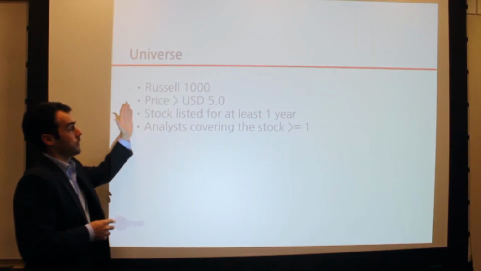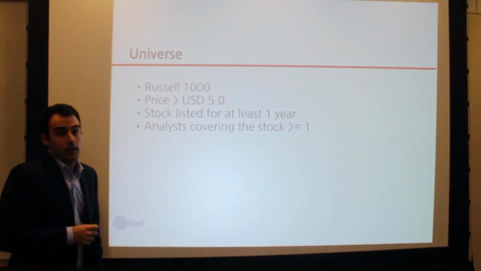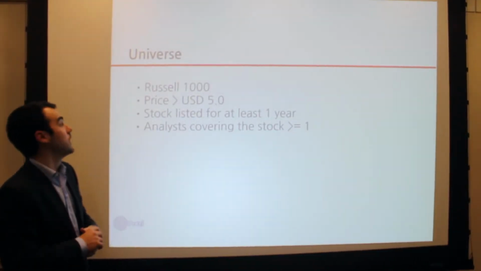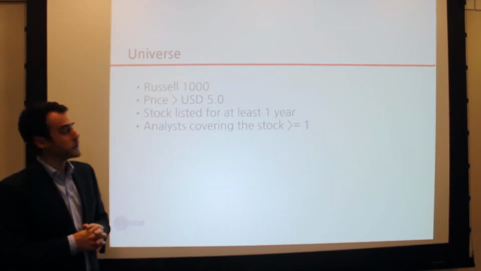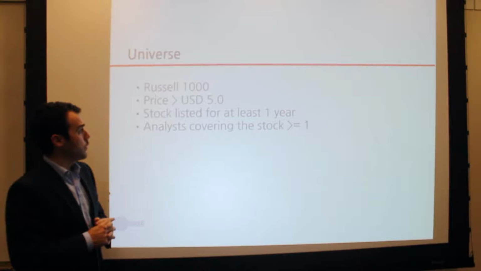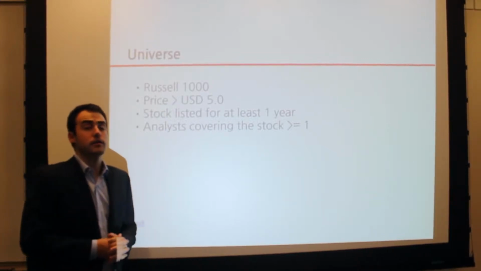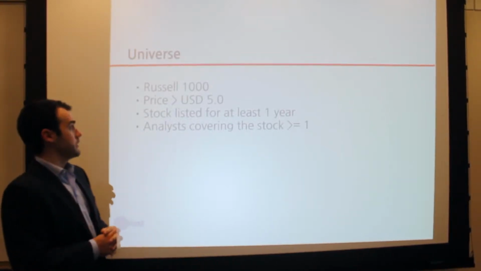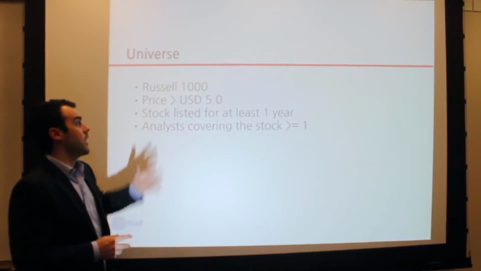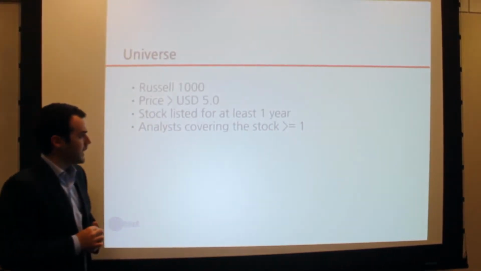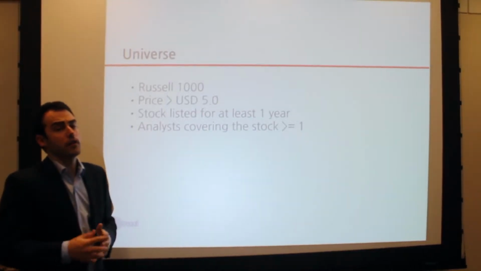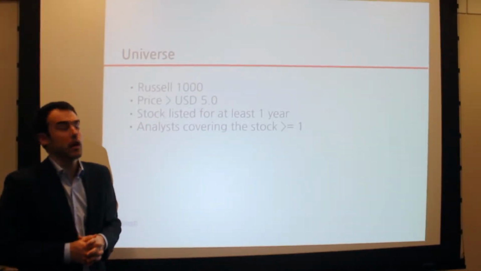The first one was to avoid cheap penny stocks, so the price must be higher than $5. Then we also wanted to have a history of returns, so each stock must have been listed for at least a year, and have at least one analyst covering the stock.